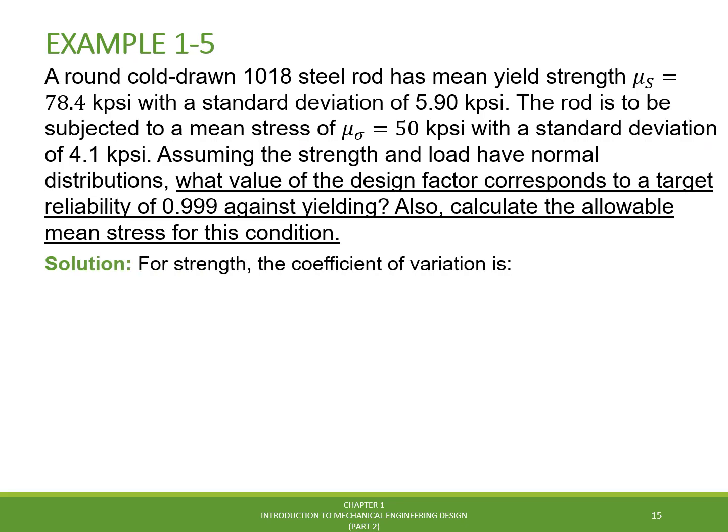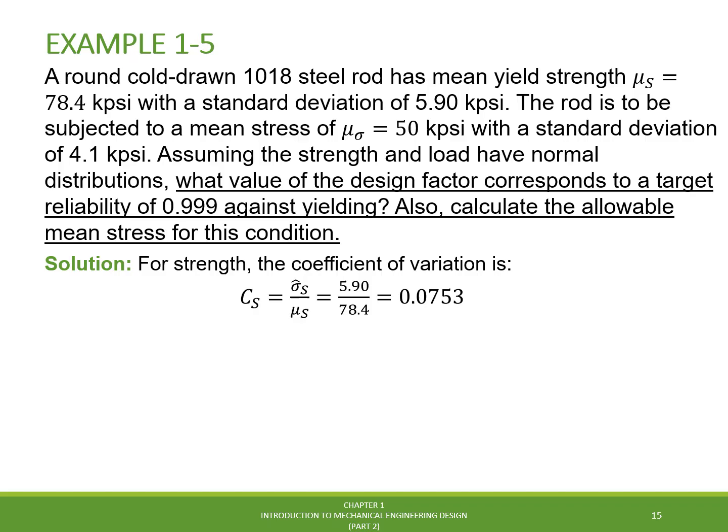So first, it's clear that we're going to use equation 111 given by the reliability analysis to calculate the design factor. First, we need to calculate the coefficients of variation. We have two to calculate, one for the strength and one for the stress. Let's start with the strength. For the coefficient of variation of the strength, we need the standard deviation, which is given in the problem statement, 5.90, and the mean for the strength, which is 78.4.